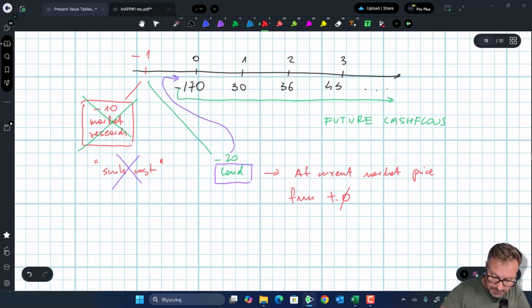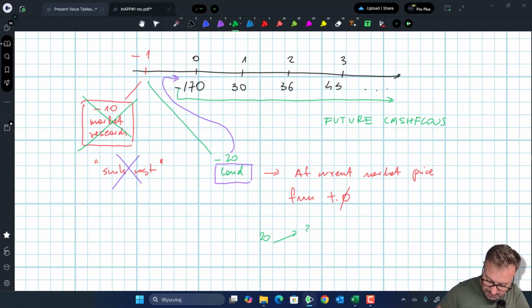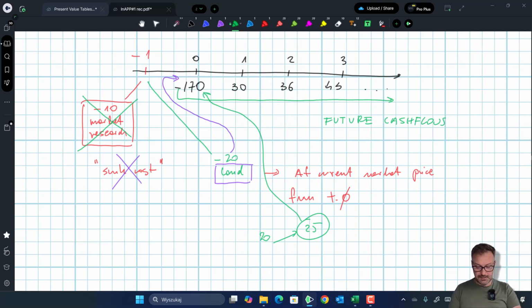So if the price of the land went up, for example, from 20 to 25, the company will take 25 and include that.